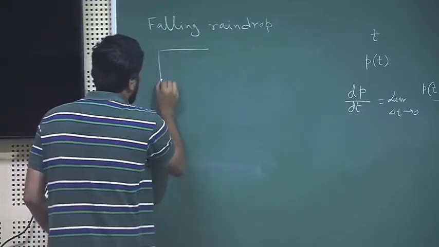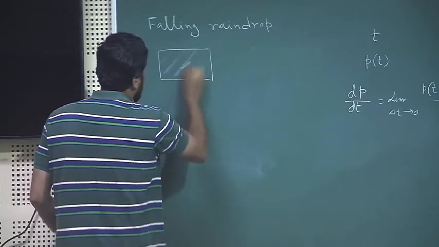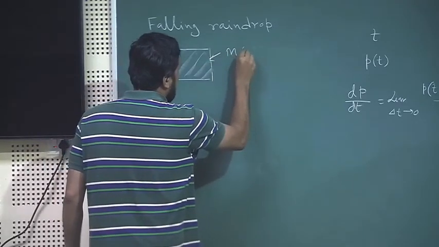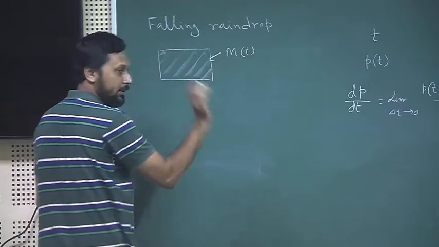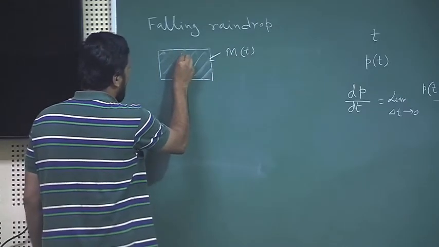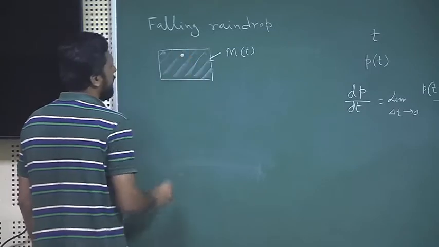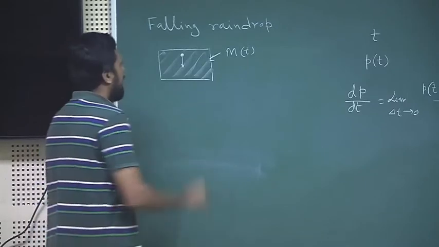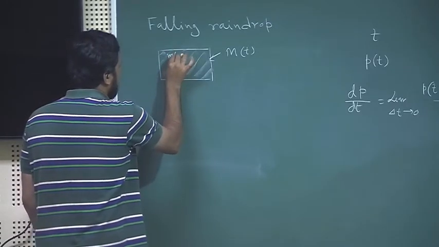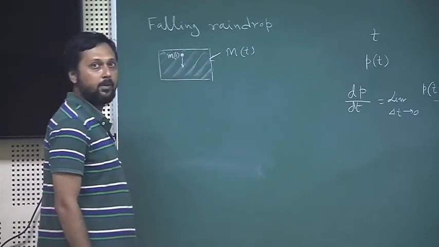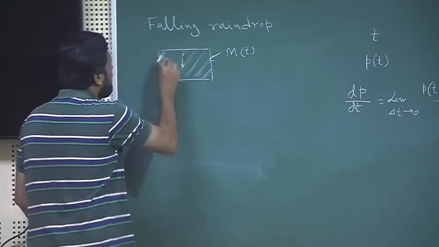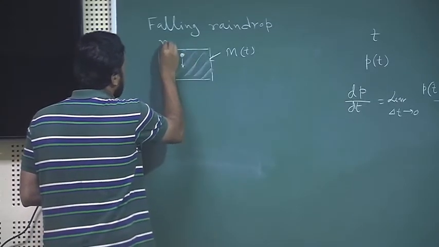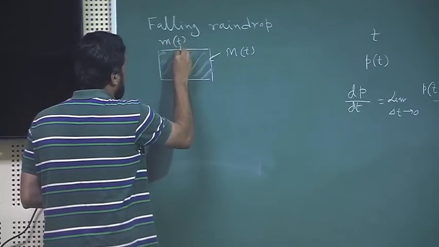Let us say this is a cloud which has a mass of capital M. Why I am putting a t here, I will explain soon. And inside that there is a raindrop which is falling, let us say under the action of gravity. The mass of this raindrop is m, which is also a function of time.